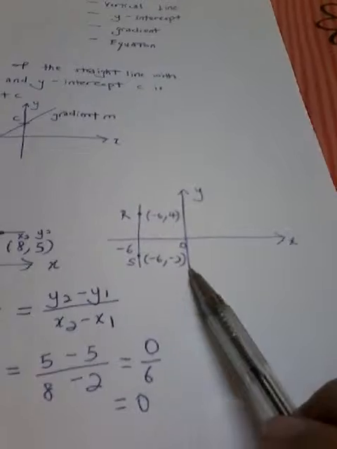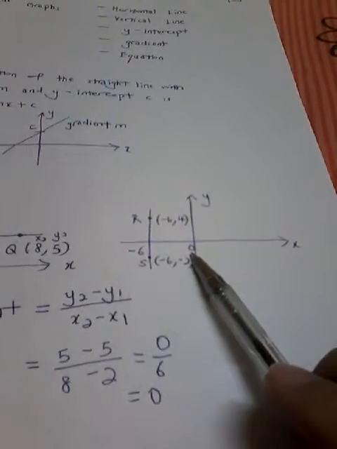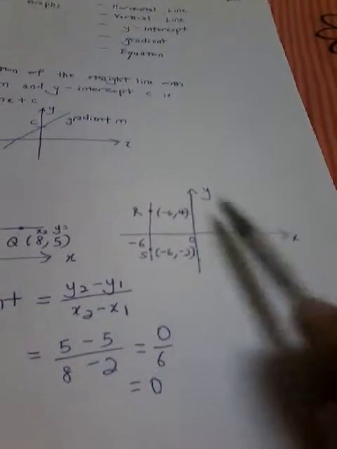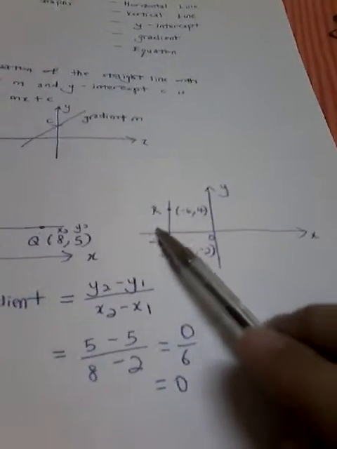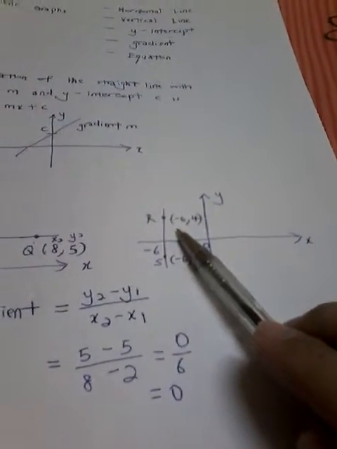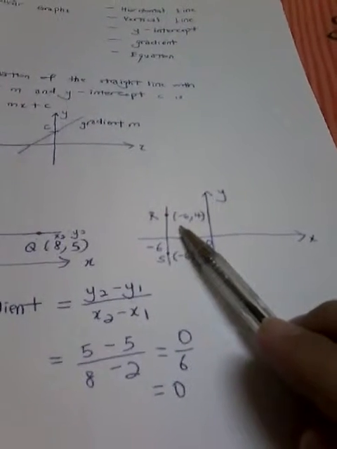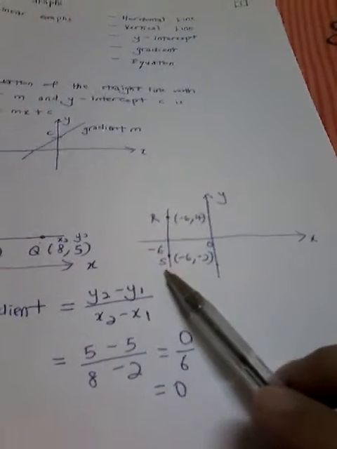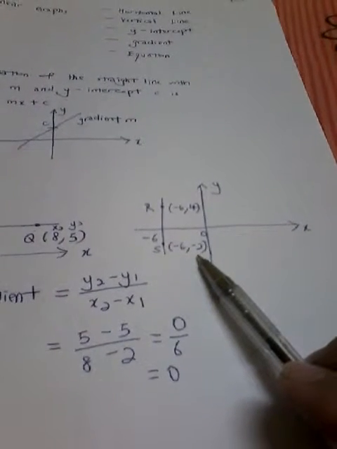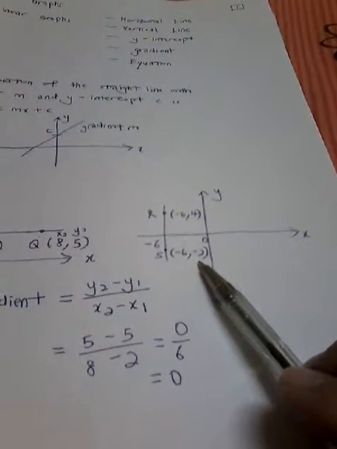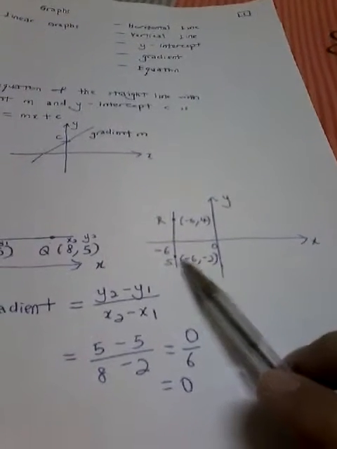Let's look at this graph now. The origin is here, the x-axis is here, the y-axis is here. This is the line that we're talking about. R has coordinates (-6, 4). S is (-6, -2).